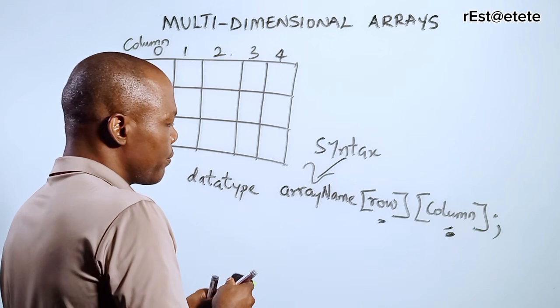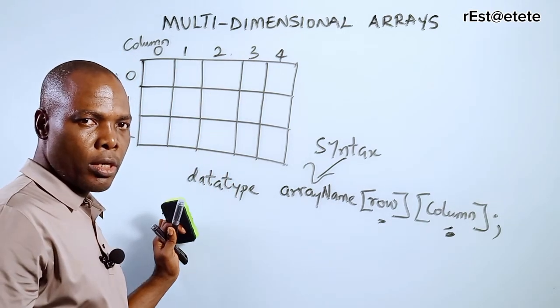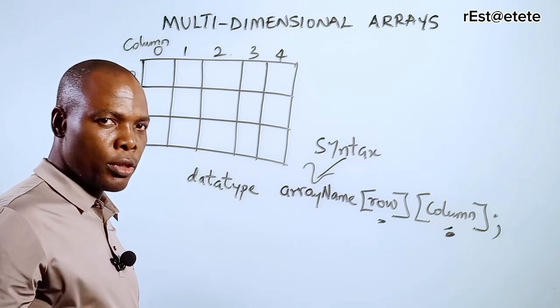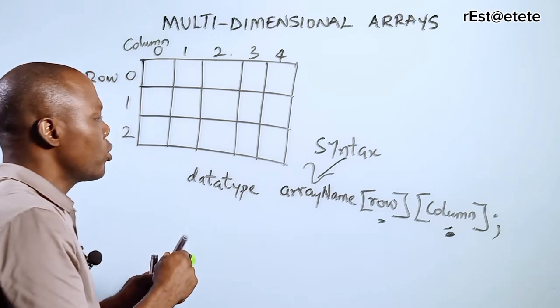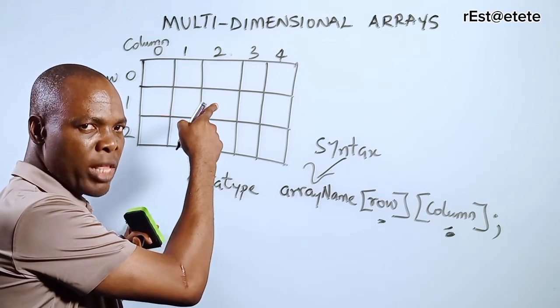So an example of a two-dimensional array is what I've drawn on the board, like your Excel sheet or like your chessboard, right? That's what you have. So I'm going to insert values into this two-dimensional array.